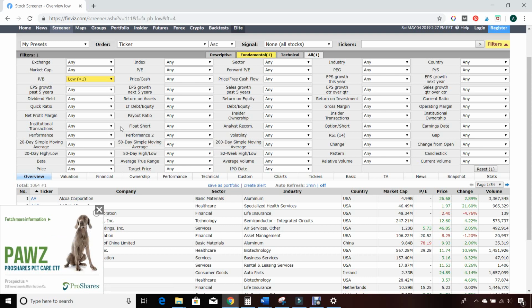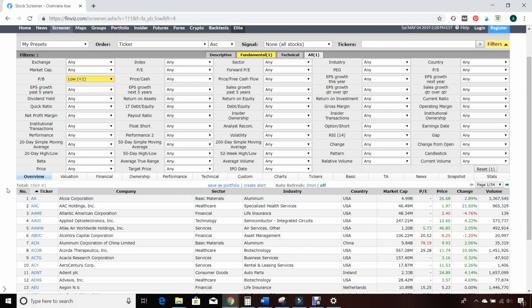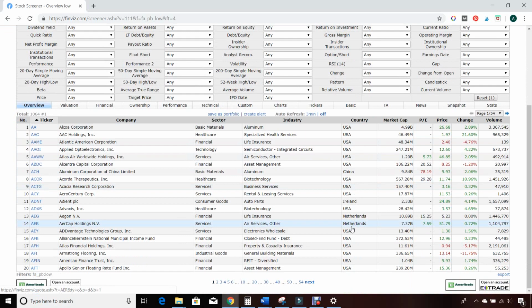But one thing that you have to keep in mind is you have to really look at their books closely, because a lot of Chinese companies have been defrauding American investors. So you've got to be careful when you're looking at those stocks. One thing that you can do is search by stock exchange too, and it shows you which countries these stocks are from.